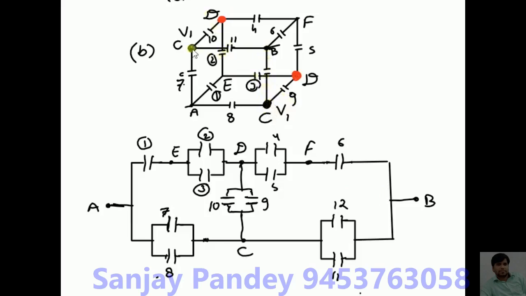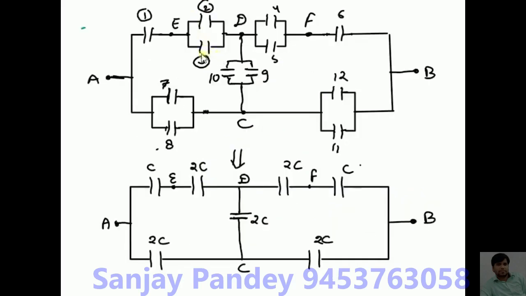Between this C and B capacitor number 11 is connected, and between this C and B capacitor number 12. This is the resultant circuit diagram for this network.